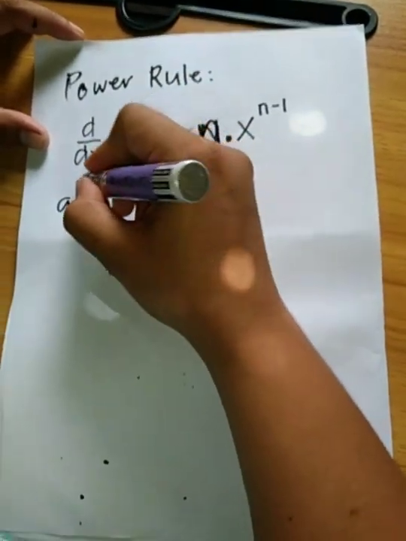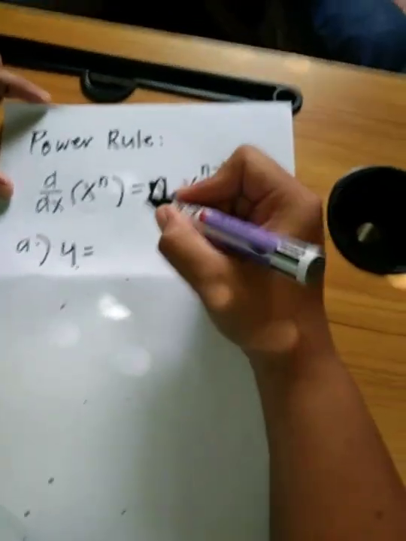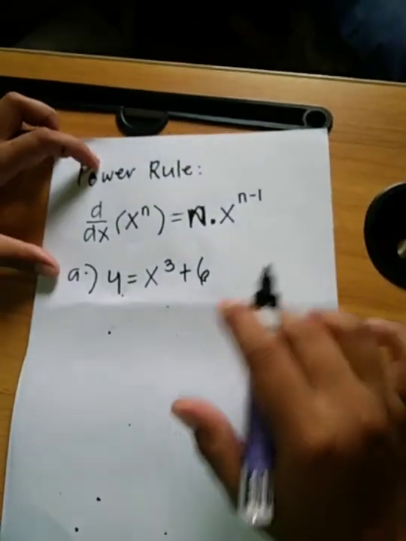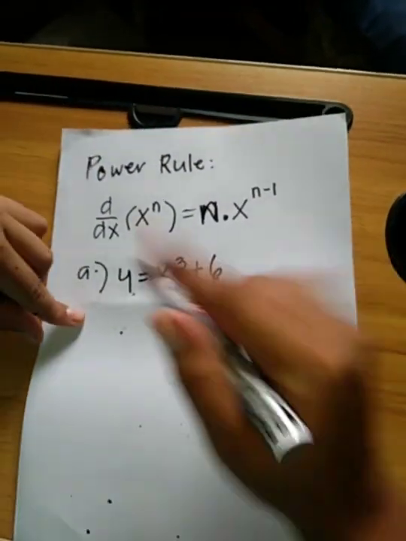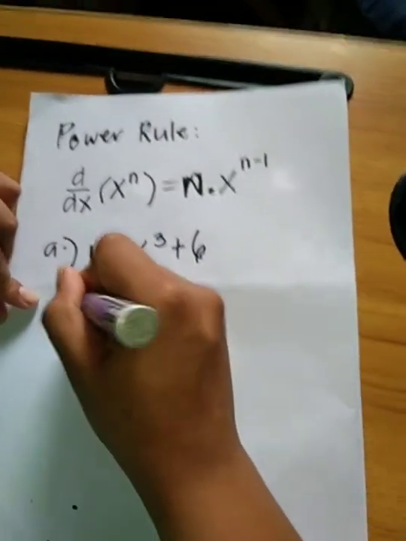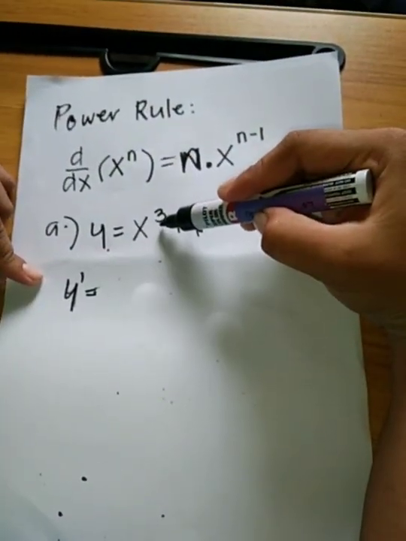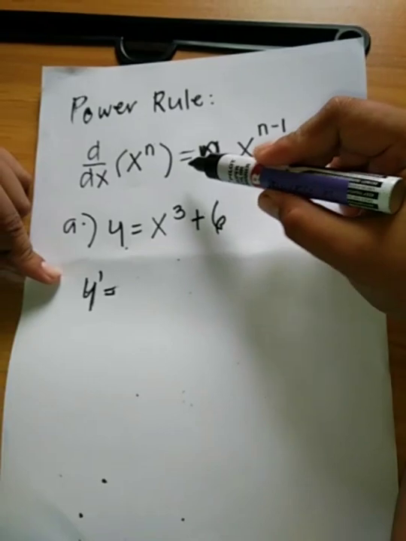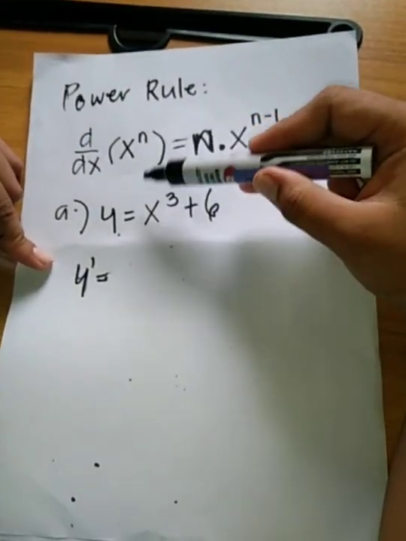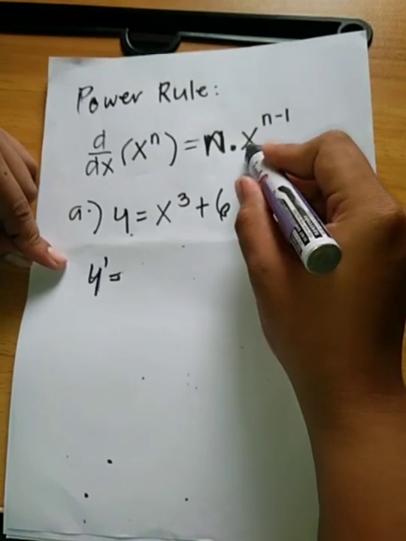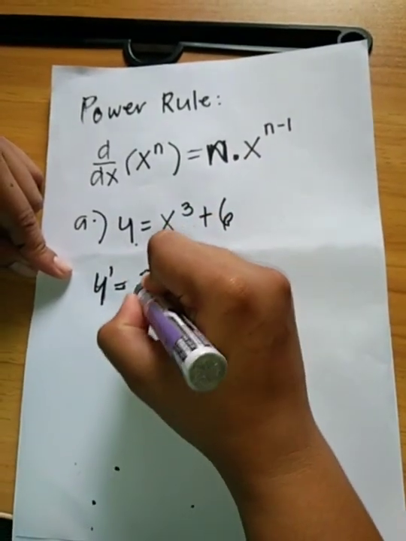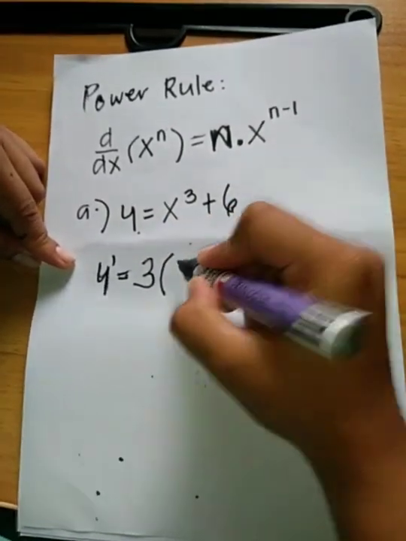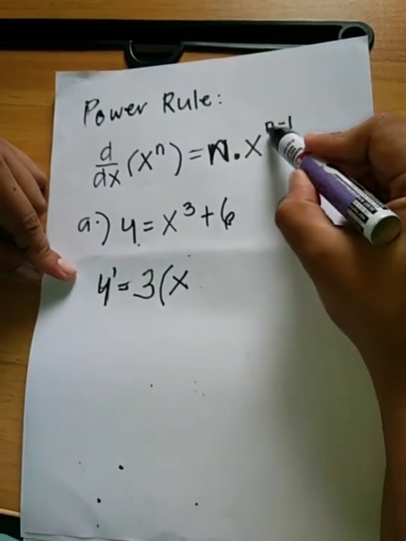First example is y equals x cubed plus 6. We are going to apply the power rule. This cube here represents n in this formula. As I said earlier, n is going to be placed first before the x. So 3 times x, and then n minus 1.